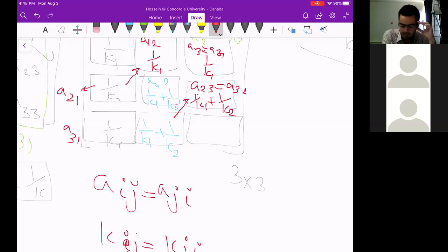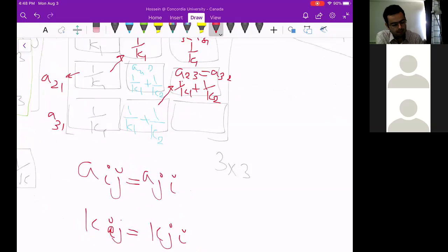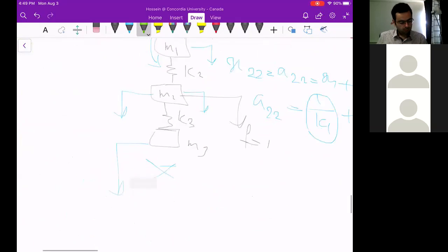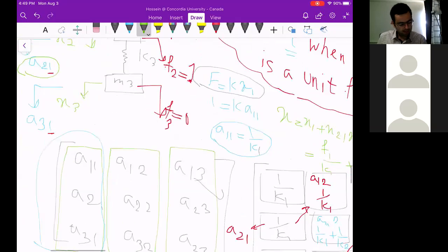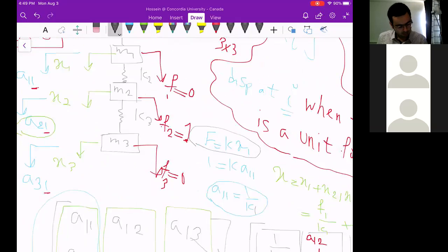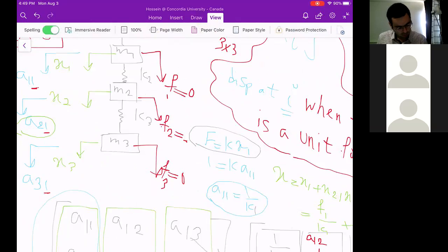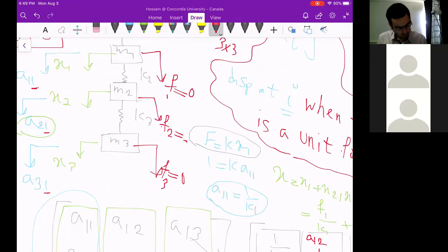And the last step is just finding A33, the displacement at mass 3 when there is a unit force at mass 3. So in the second case, there is zero force here and unit force here.